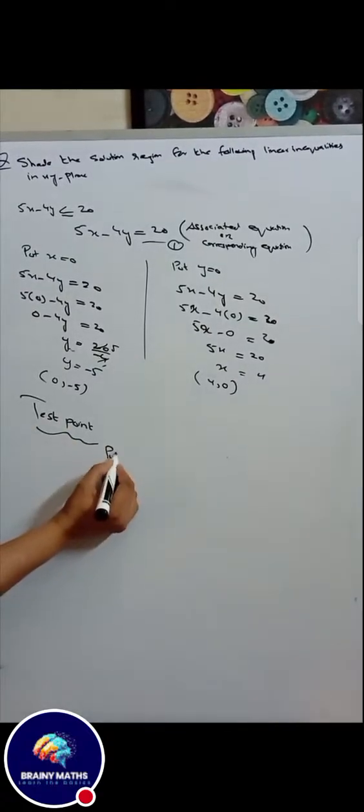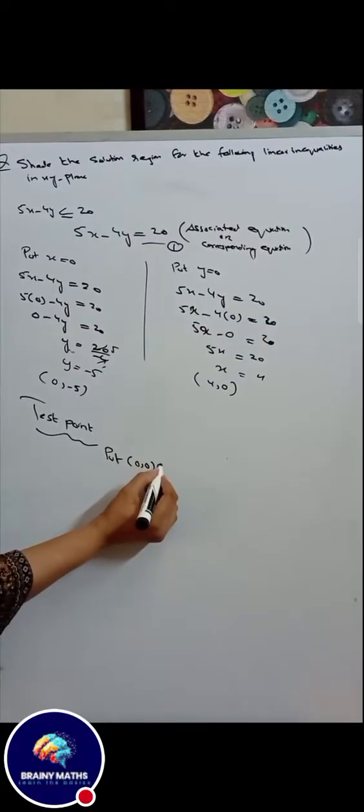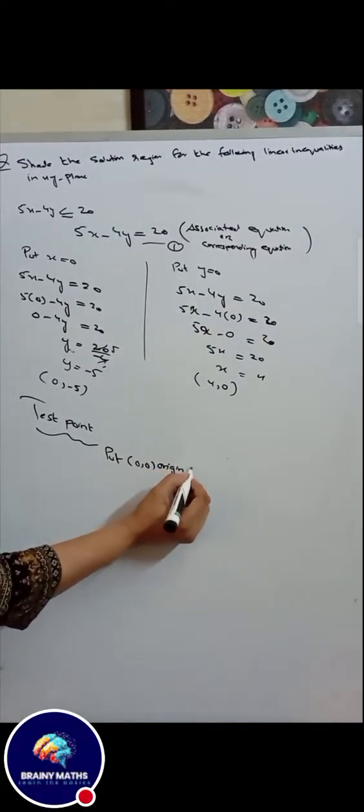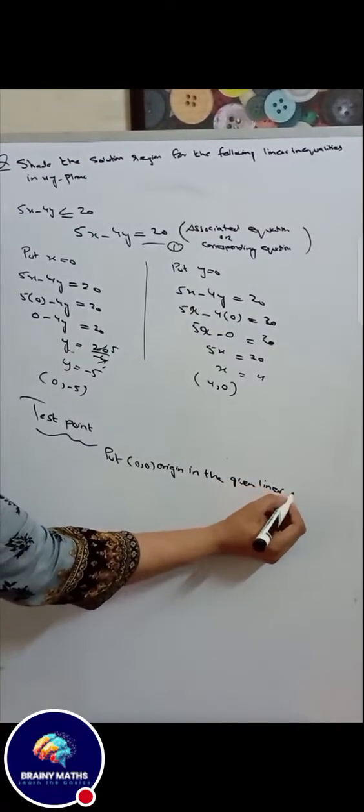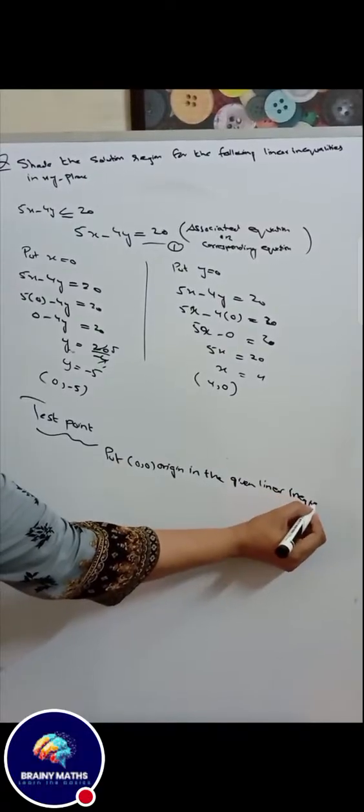I'm just telling you a short abbreviation of it. Now test point. Test point is what? Put (0, 0), the origin, in the given linear inequality. We have to put (0, 0) in the given inequality.